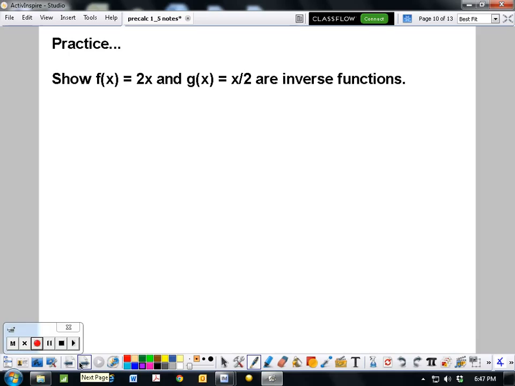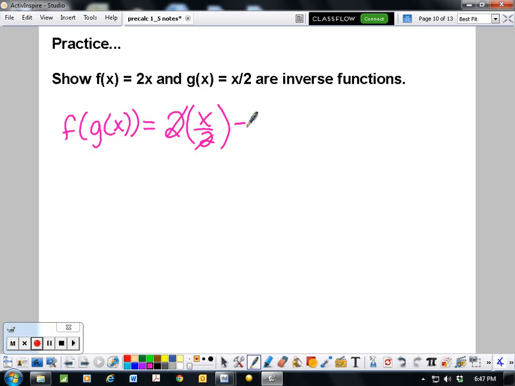Okay, so practice: show that f of x equals 2x and g of x equals x over 2 are inverse functions. To prove or verify that they're inverses, we do the composition. So we're going to start with plugging g of x into f of x, showing that those 2's cancel, leaving us with x.